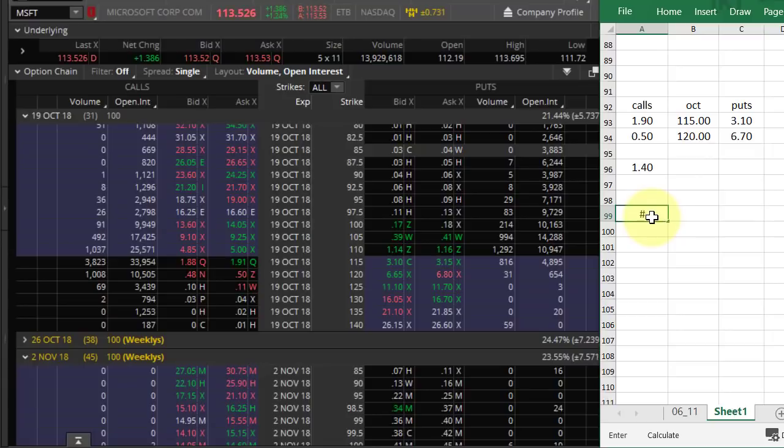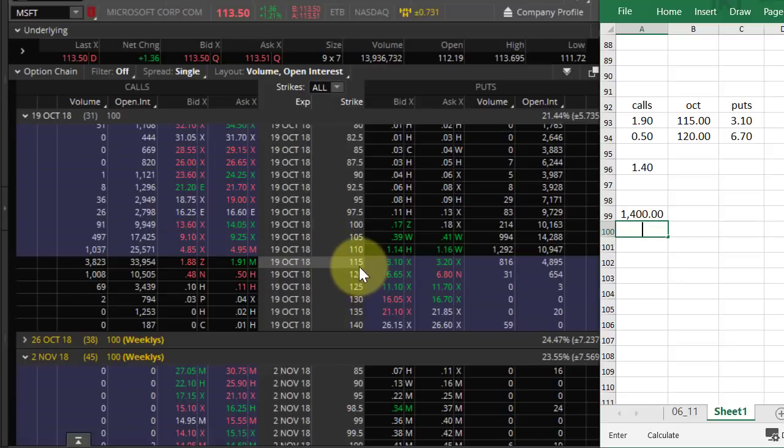The most you can lose on this position, if you're doing a 10 lot, is going to be $1,400 of risk. The most that you can make is going to be the difference between the strikes. 120 minus 115 is 5. 5 minus $1.40 is going to be $3.60.